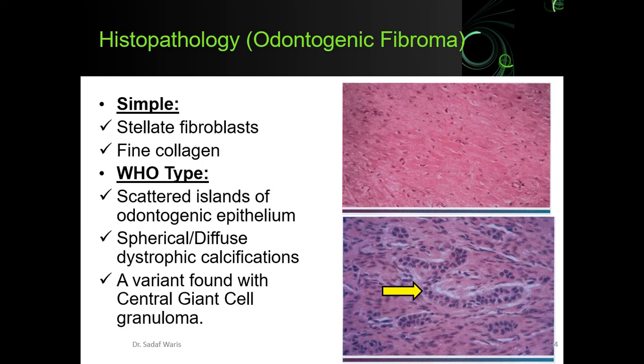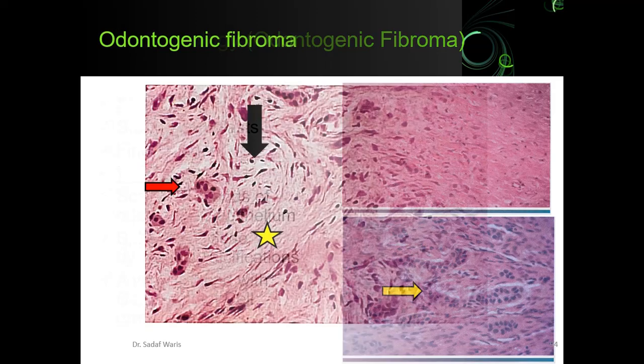An important thing to note is that the WHO type of odontogenic fibroma is quite closely associated with the central giant cell granuloma. So that is why I think they have put this WHO type in a separate category.